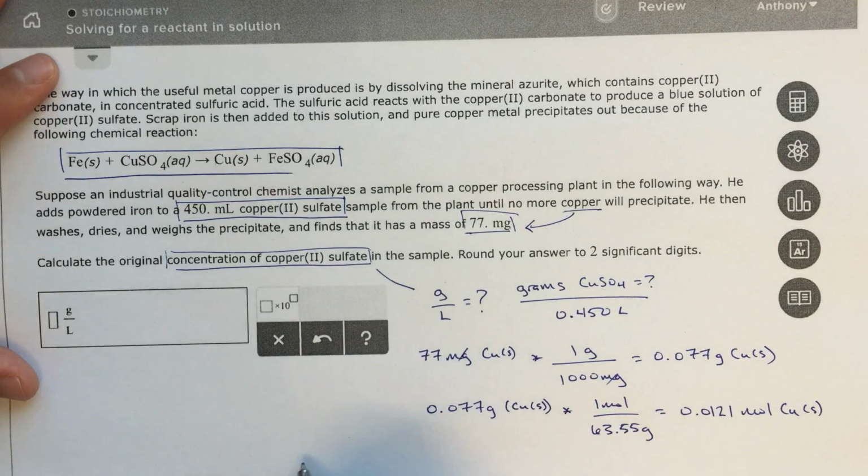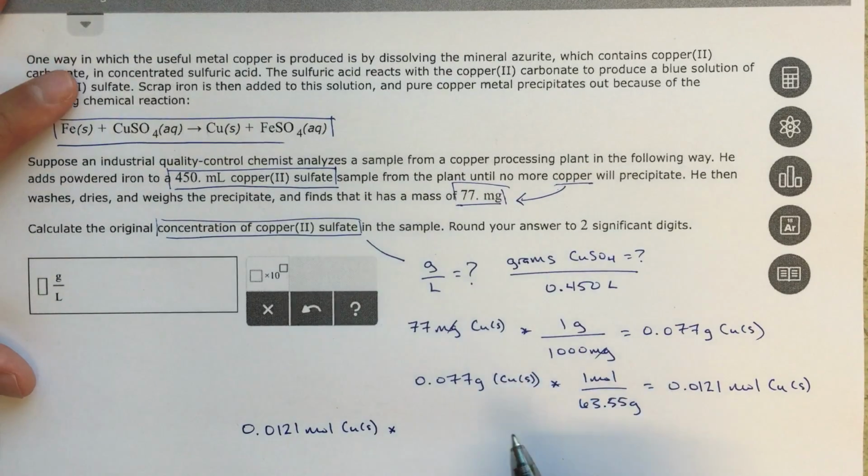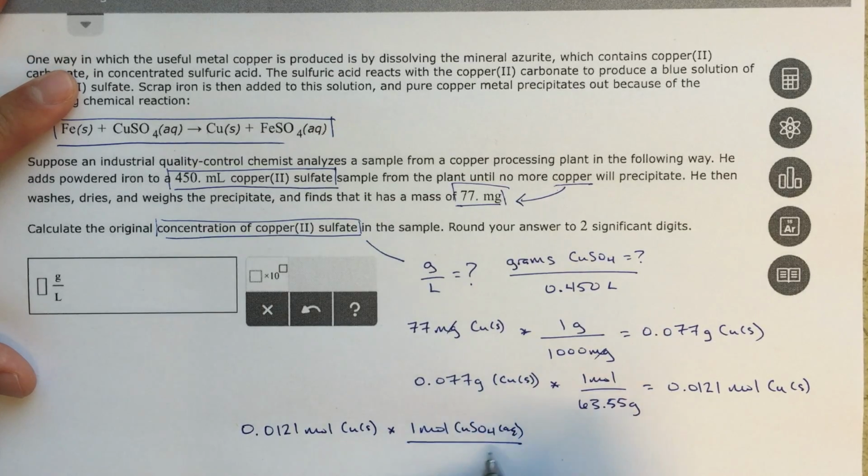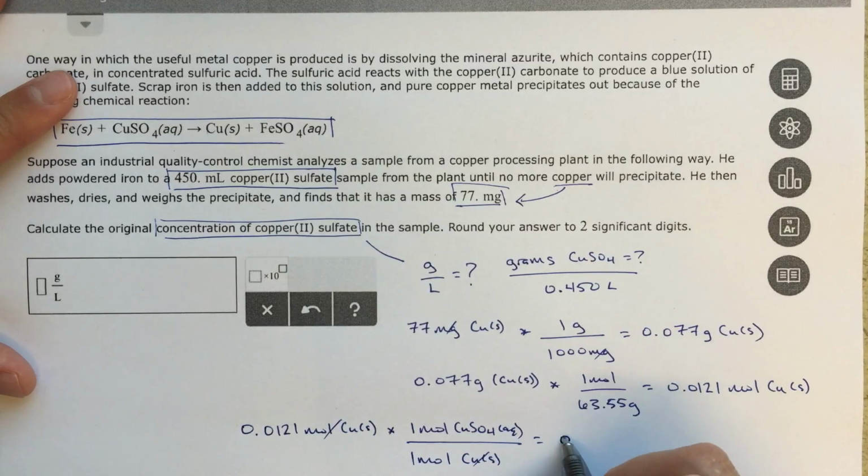So I would say 0.0121 moles of copper solid, multiplied by the mole-to-mole ratio, 1 mole of copper sulfate aqueous for every 1 mole of copper solid that we get out. Those moles of copper solid cancel out, and I've got the same number of moles.